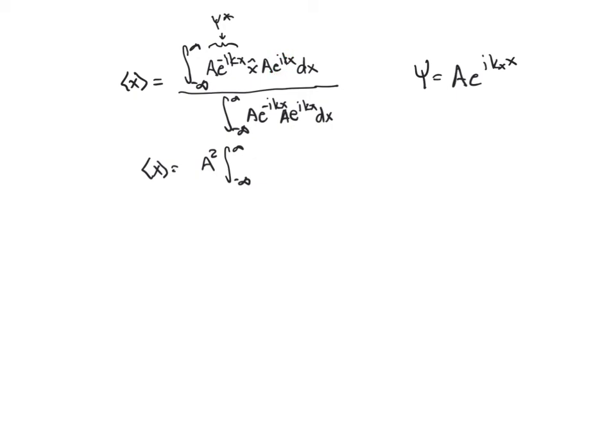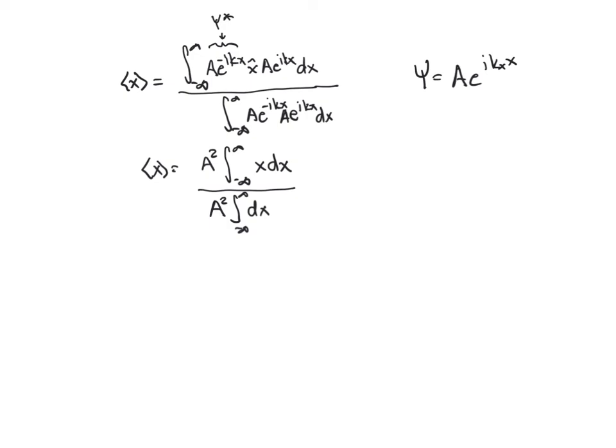And so I'm left with x dx here. And then I'm dividing by A squared again, because again I have A times A, which pulls out of my integral to be A squared. And then e to the minus ikx times e to the ikx is just equal to 1. And so I have dx, integrating from minus infinity to infinity.